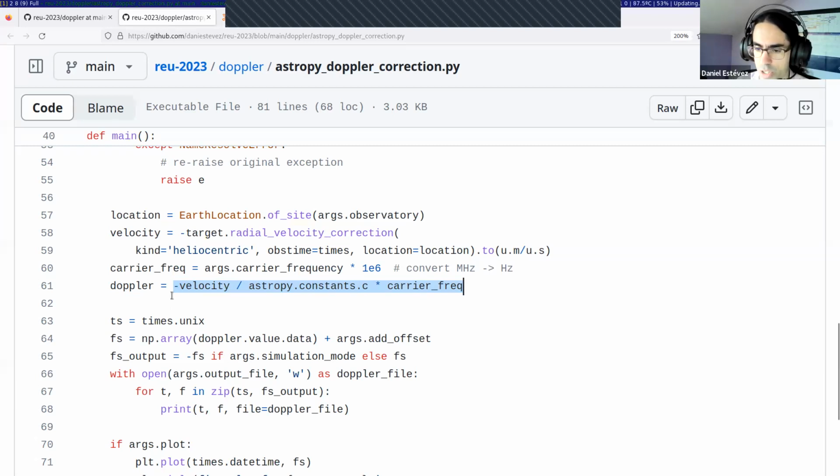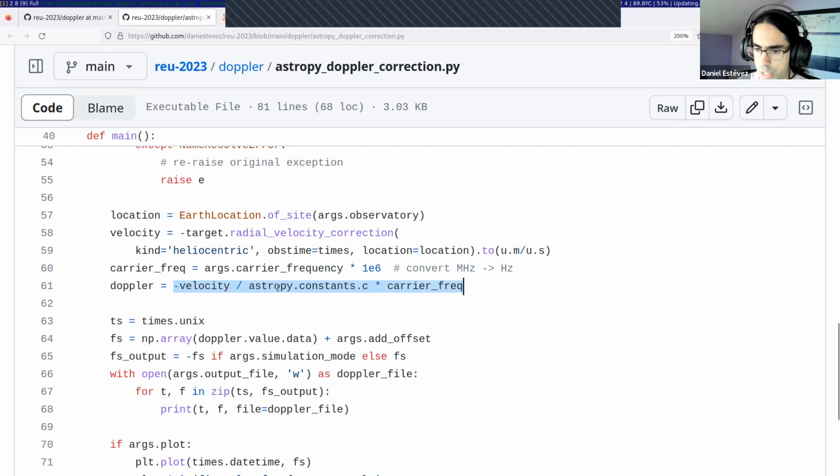So this most simple Doppler formula is you take this minus sign. So you need to remember that when the object is coming towards us, the Doppler is positive. When the object is moving away from us, the Doppler is negative. So then for the usual convention of velocity, which is the time derivative of distance, you need the minus sign here. So then velocity divided by the speed of light.